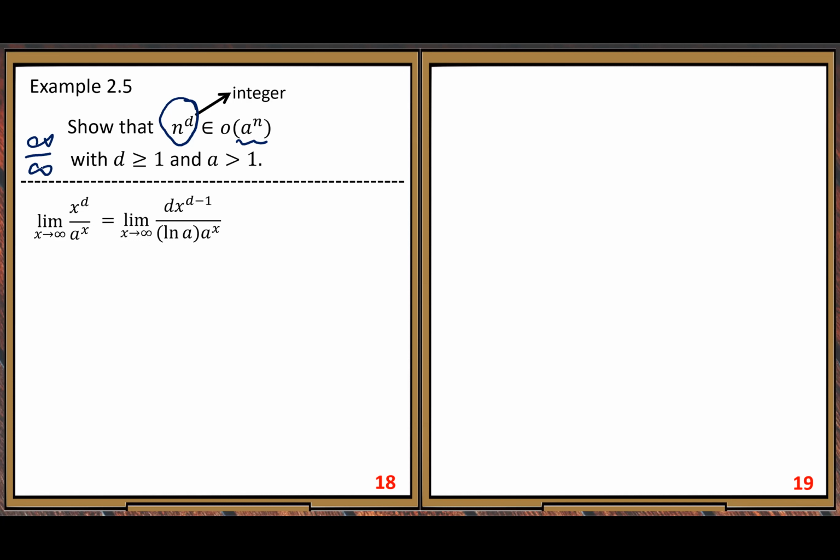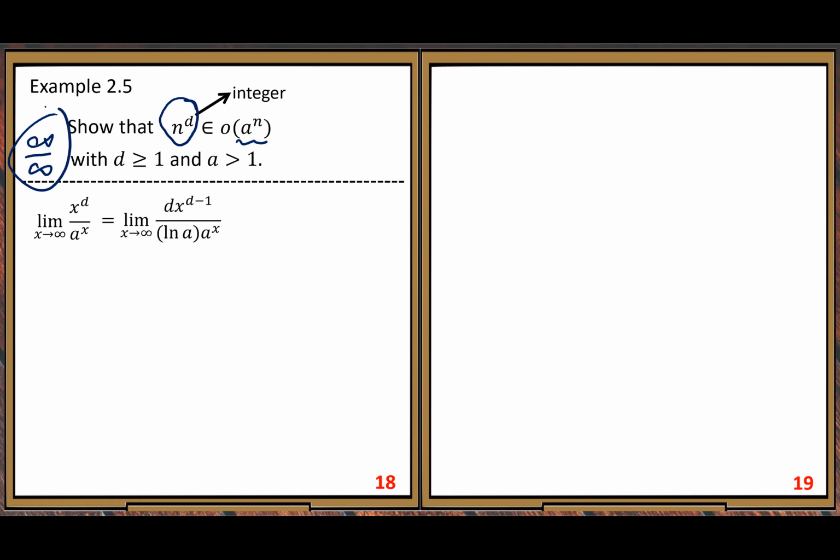So that's the first time we apply L'Hopital's rule. After it, can we get the answer yet? Not yet. We still cannot easily see the answer. But it is still another infinity over infinity indeterminate form.